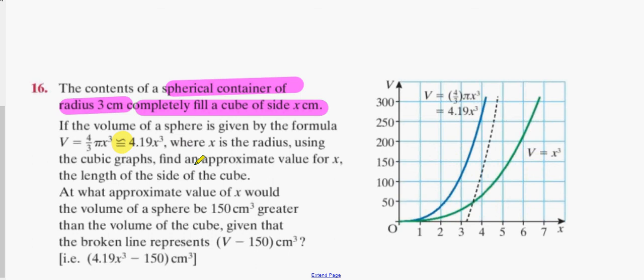Using cubic graphs, find the approximate value for x, the length of the side of the cube. At what approximate value of x would the volume of a sphere be 180 centimeters cubed greater than the volume of the cube?